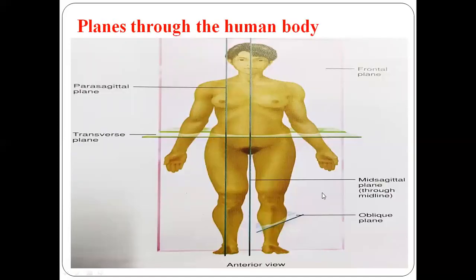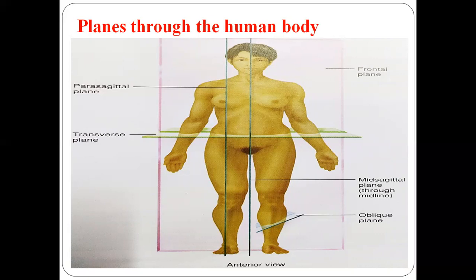So when we move to the next slide, we are seeing a diagram here, and we study parts of the body relative to planes. These planes are imaginary flat surfaces that pass through the body part.